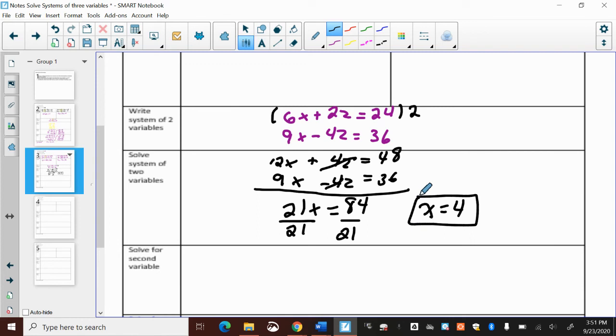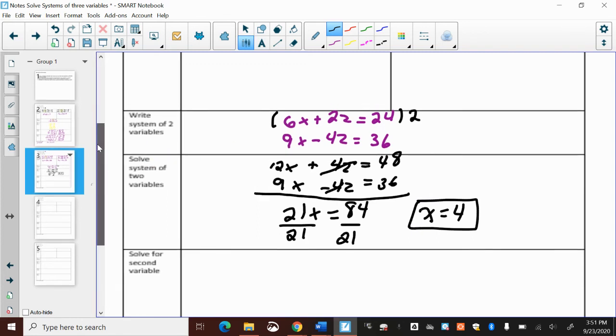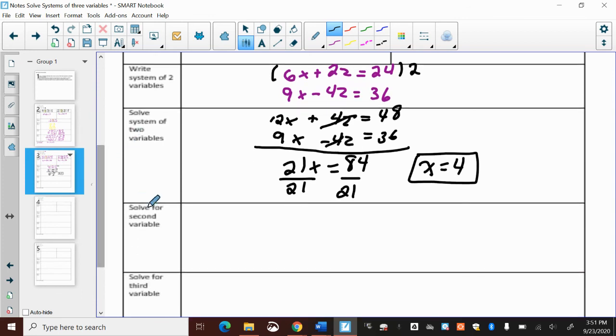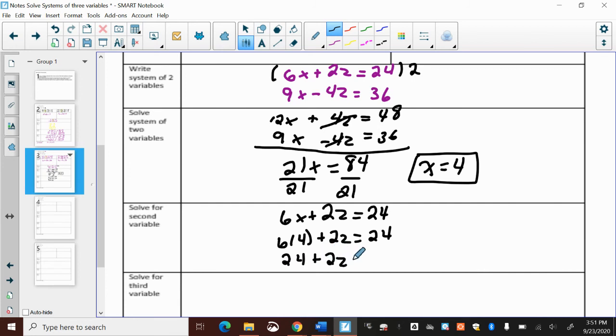Okay. Now we need to solve for the second variable in our 2 system. I'm going to use that first equation of 6x plus 2z is equal to 24. I'm going to substitute 4 in where we see this x. We are going to multiply these guys out, so we get 24 plus 2z is equal to 24.